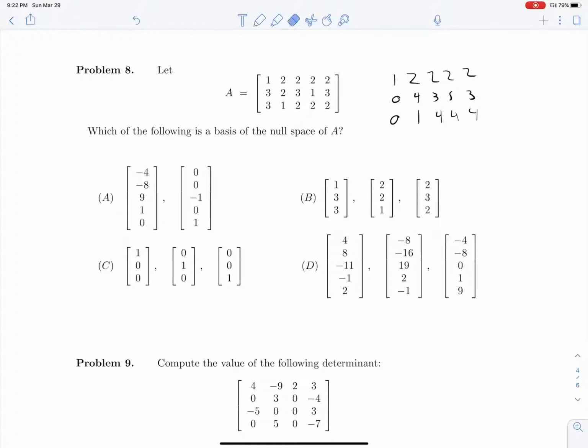We will get 1, 1, -1, 1. Let's subtract 2 row 3s from row 1. That will give us 0, 0, 4, 0. Let's subtract 4 row 3s from row 2. We'll get 0, -1, 9, -1.